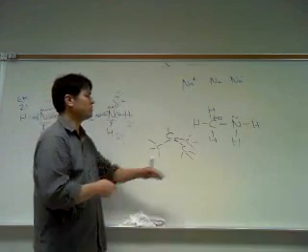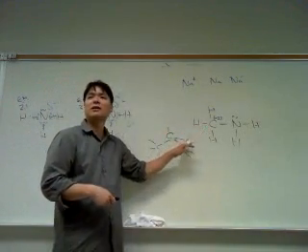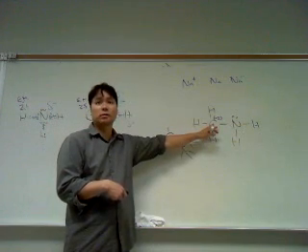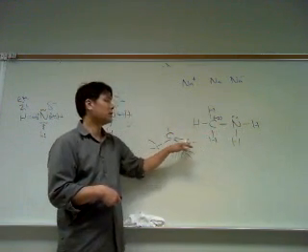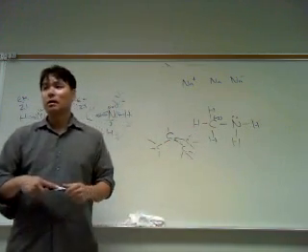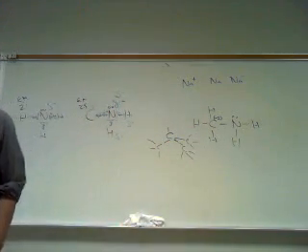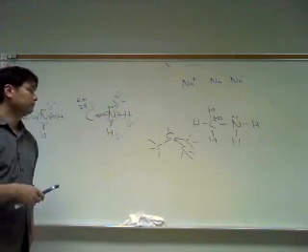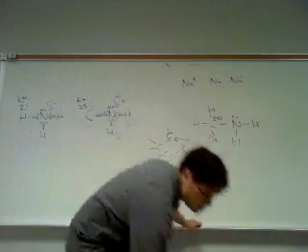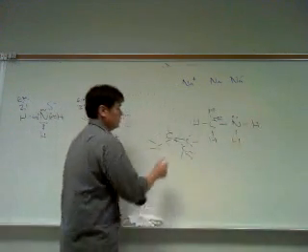Remember, formal charges don't help us that much, and I don't want to calculate formal charge here and compare it to oxidation state. That wouldn't be appropriate. So I have to look at the oxidation state here and compare it. What's the oxidation state on carbon in diamond? It's 0.